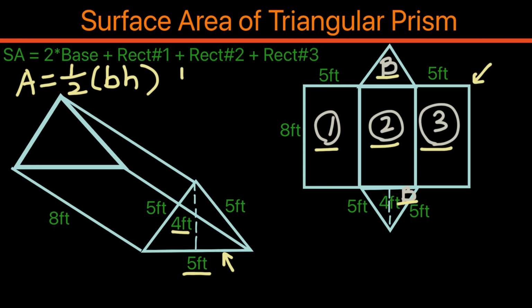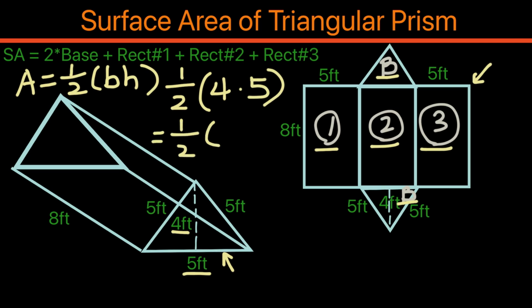So it would be 1/2 times 4 times 5. Then 4 times 5 is 20. So the answer will be 20 over 2, which is 10 feet square.